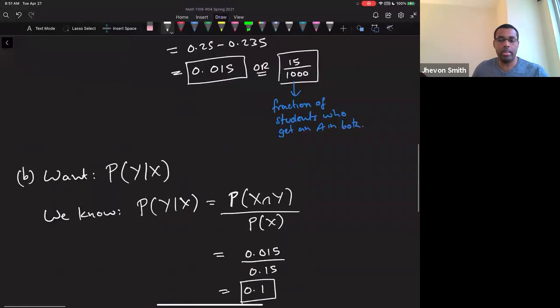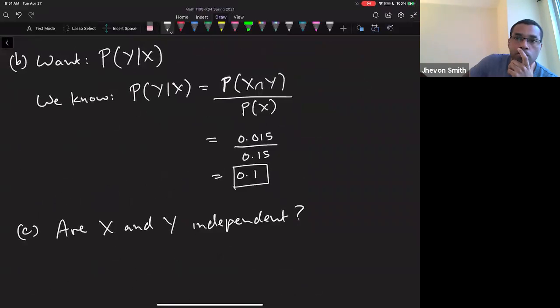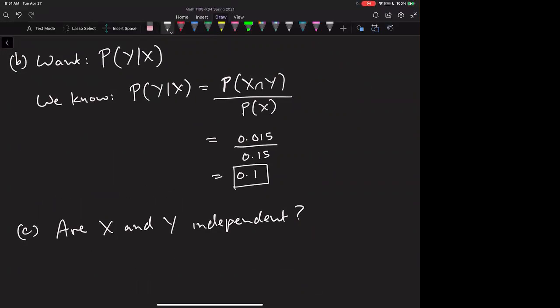Okay, what do you guys think? I think they are. Why?